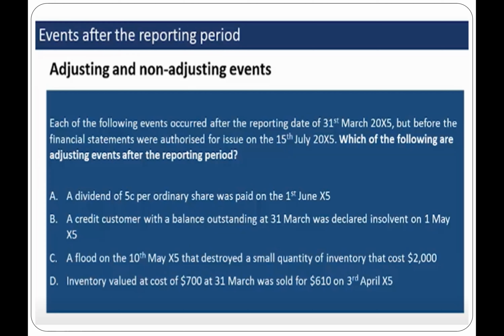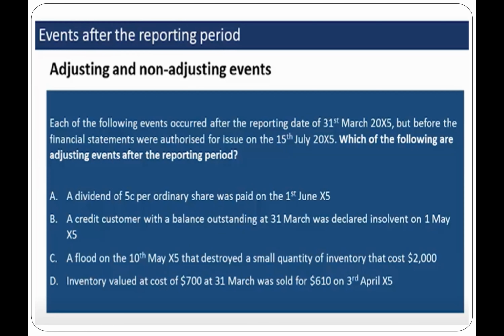An inventory valued at cost of 700 at 31 March was sold for 610 on the 3rd of April. So we said at 31 March, we were actually supposed to have valued our stock at the lower of cost or net realizable value. We just didn't know what the net realizable value of those goods was as at 31 March because we had not actually realized anything from selling them. We then realized 610 when we sold the goods on the 3rd of April, which then means the realizable amount was lower than the cost, which means it's the amount we're supposed to have reported as our inventory.